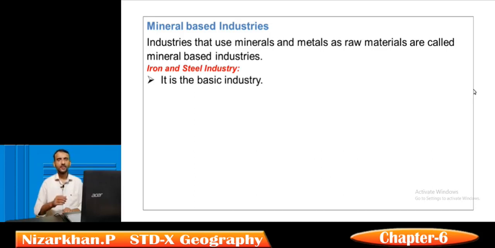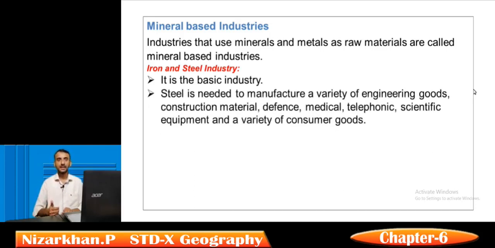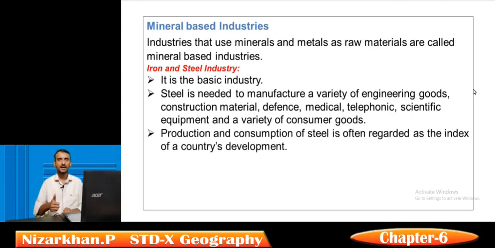Steel is needed to manufacture a variety of engineering goods, construction material, defense, medical, telephonic and scientific equipment, and a variety of consumer goods. Production and consumption of steel is often regarded as the index of a country's development.